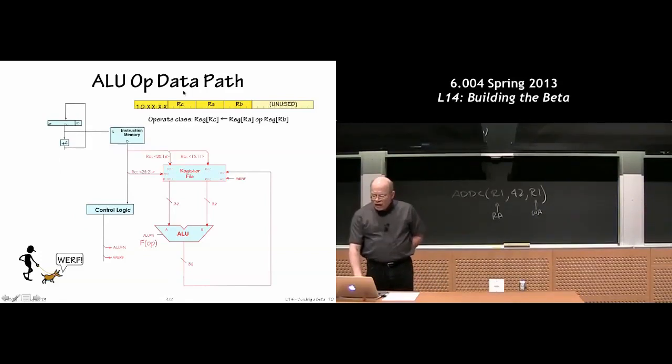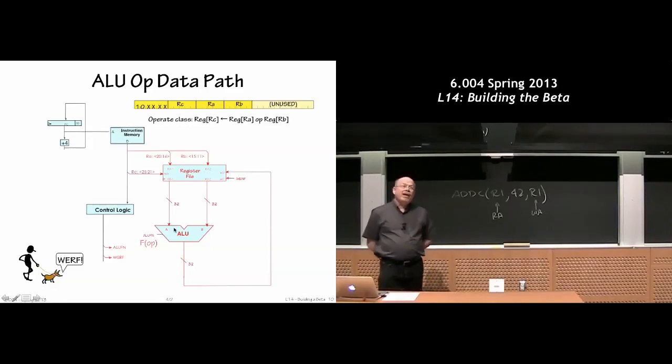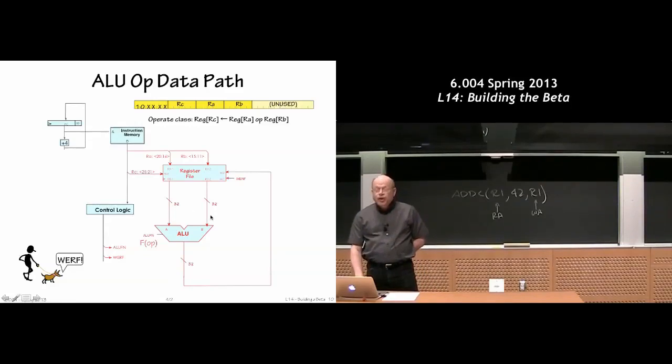Alrighty, so we need to put together the hardware that can do this operation. The operation itself is implemented by the ALU you designed, and we're treating that as a black box. It takes in 2 32-bit operands, and it produces a 32-bit result. That's what you designed. And it takes in a 5-bit opcode.